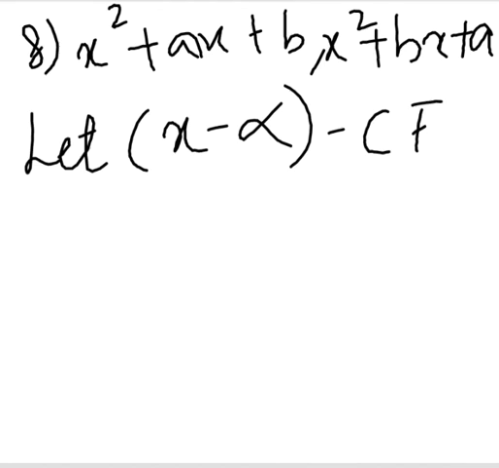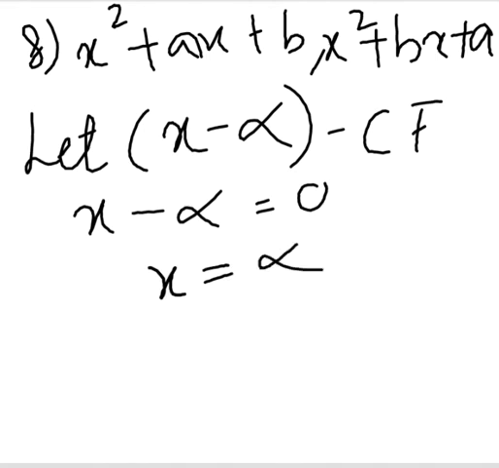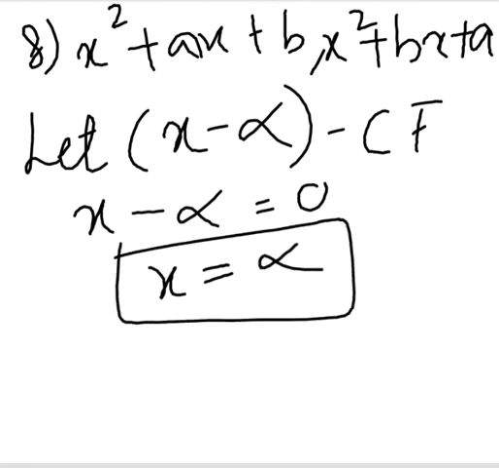Then what will happen? Common factor means we have to equate it to 0, so that we can substitute in the place of x. So x minus alpha is equal to 0. Then minus alpha goes to RHS and becomes plus alpha. So x is equal to alpha. Okay, this step is important.